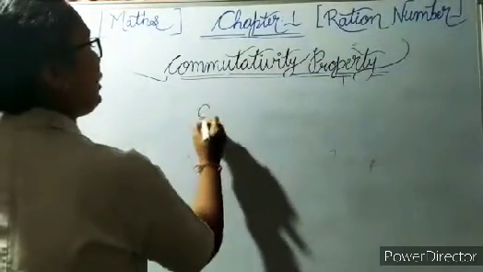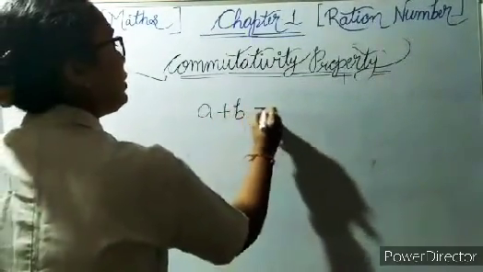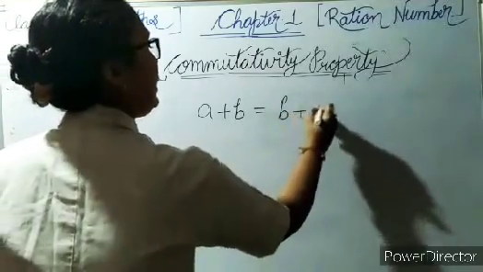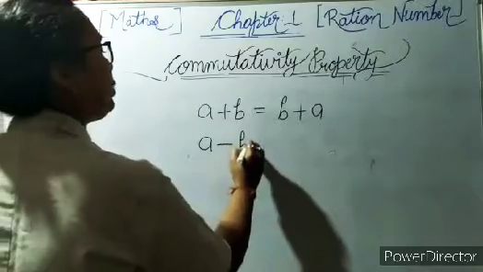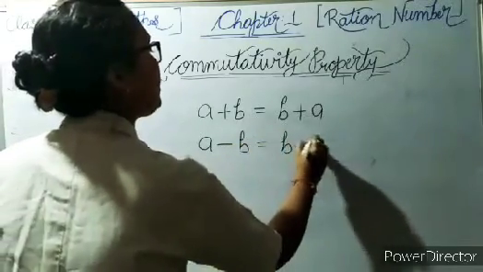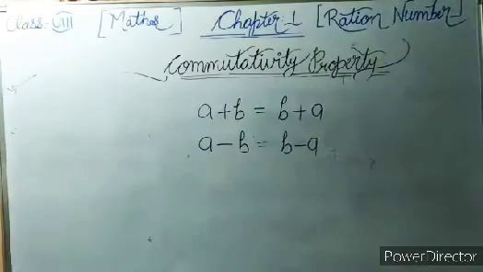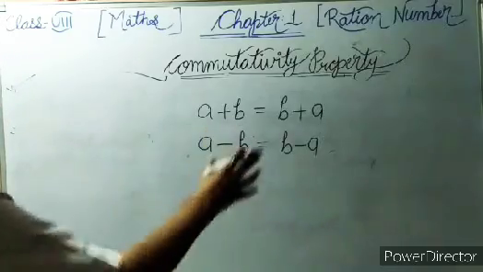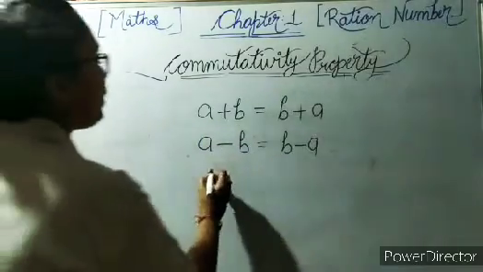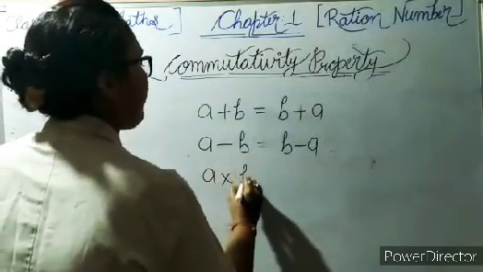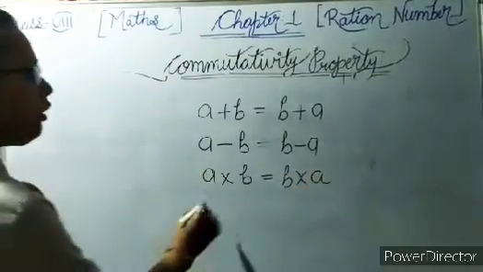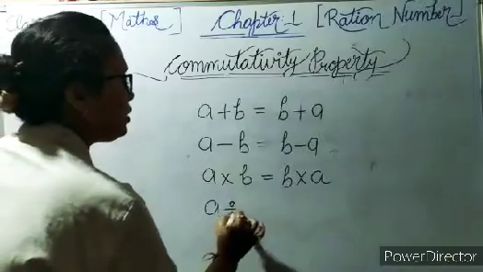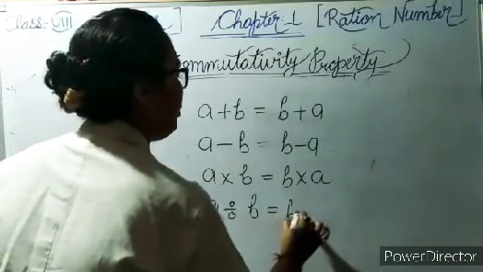You see here, if we put here plus, we will say it is under addition or not. After that, if I put here minus, in word we say it is under subtraction or not, according to situation and number. If we multiply, we will say it is under multiplication or not, or it is for division or not.